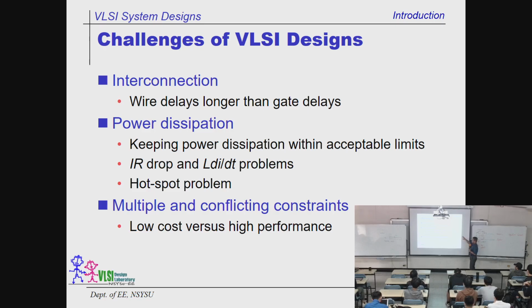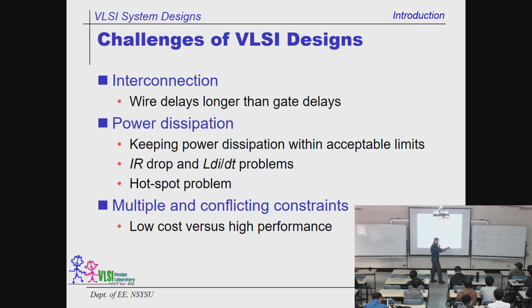So interconnection is a problem. Because we have millions of processors on a single die, the wire delay will become longer and longer. So the wire lengths become longer and longer, and that creates a problem of delays. So in the future, the wire delay will be bigger than the gate delay.